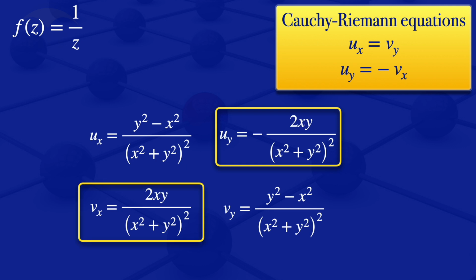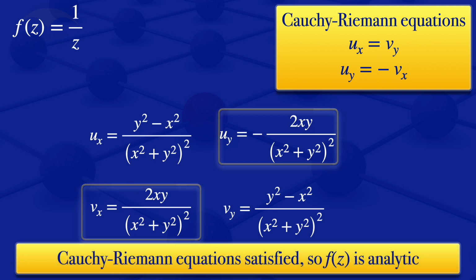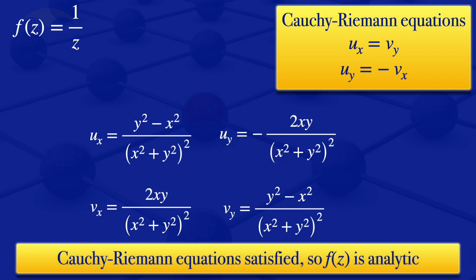What we see is that the partial derivative of u with respect to y is equal to minus the partial derivative of v with respect to x. So this equation is satisfied. So those Cauchy-Riemann equations are being satisfied, so the given function is analytic.